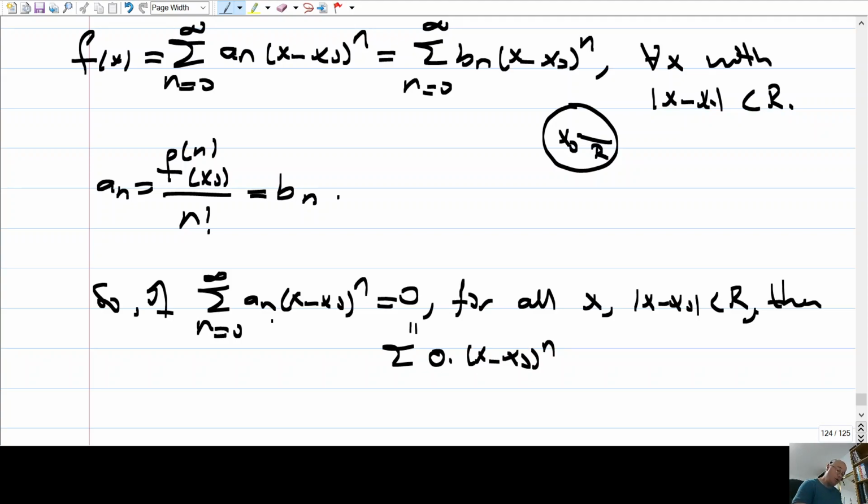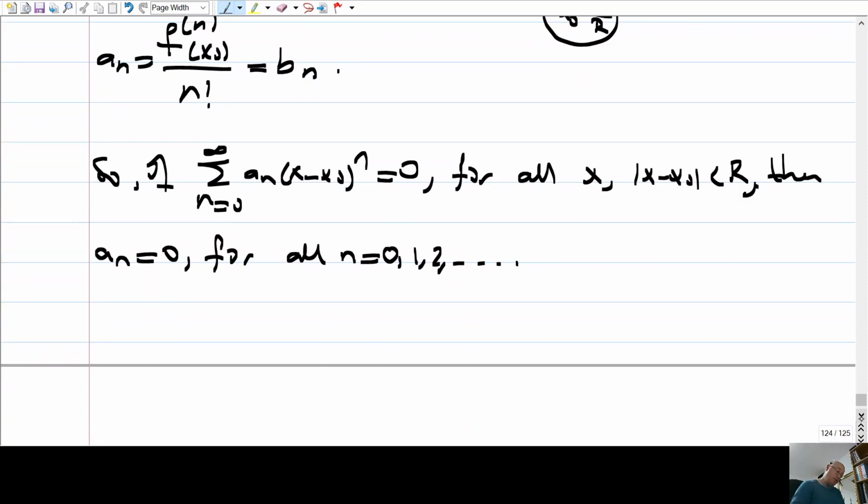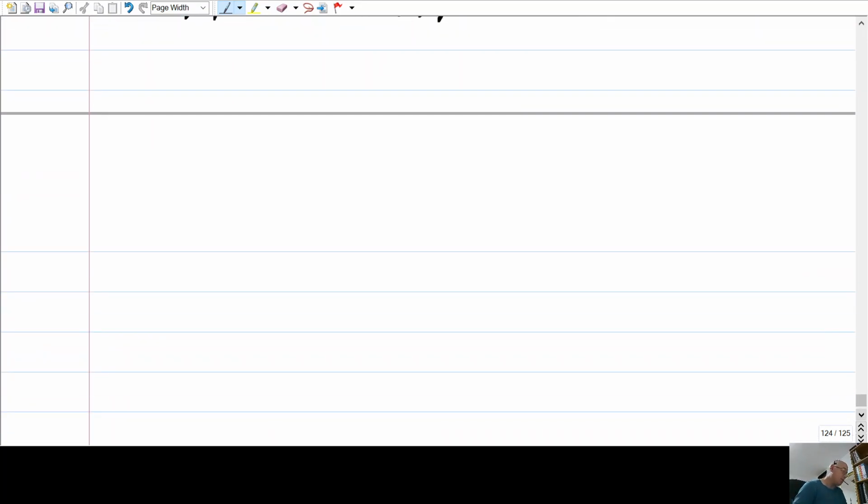And by the above argument, these coefficients must be the same, so all an's must be 0. Then an must be 0 for all n. Okay, 0, 1, 2, and so on. This will be something crucial.